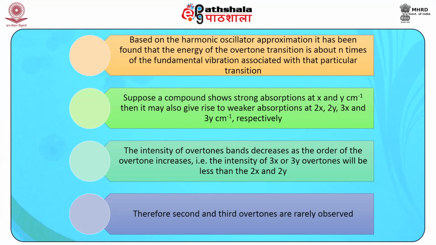The intensity of overtones decreases as the order of overtone increases. That is, the intensity of 3x or 3y overtones will be less than 2x and 2y overtones. Therefore, second and third overtones are rarely observed.